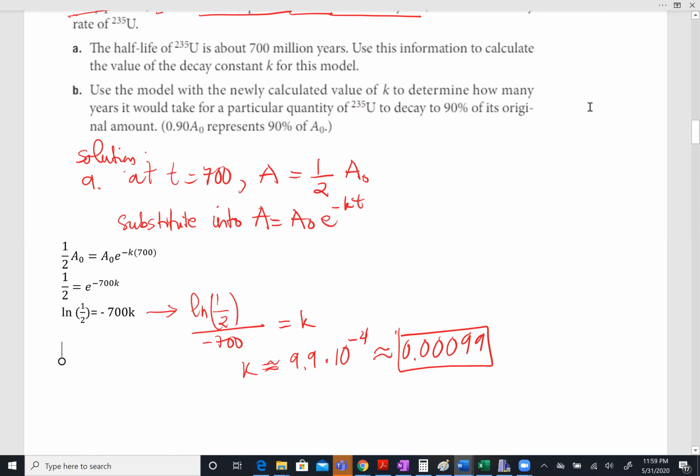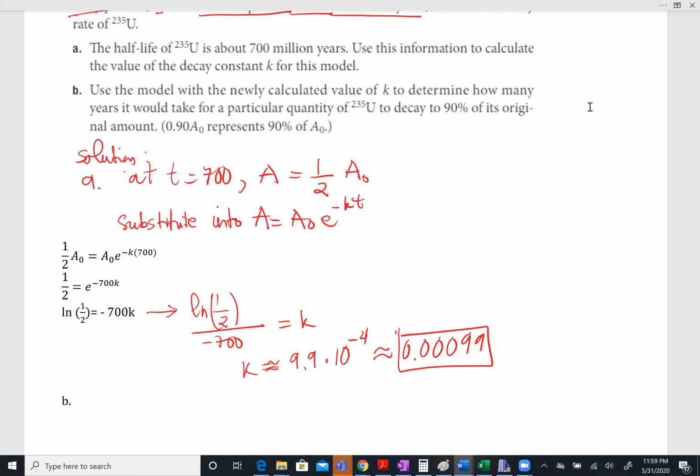Now let's move to B. For B, use the model with the newly calculated value of k, so I have k already, to determine how many years it would take for a particular quantity of uranium to decay to 90% of its original amount.